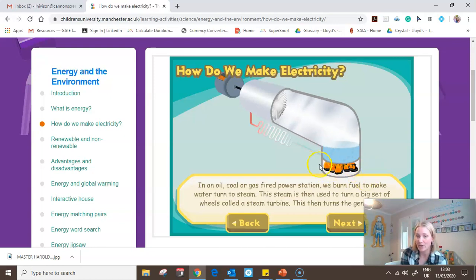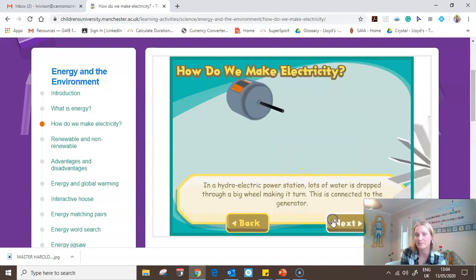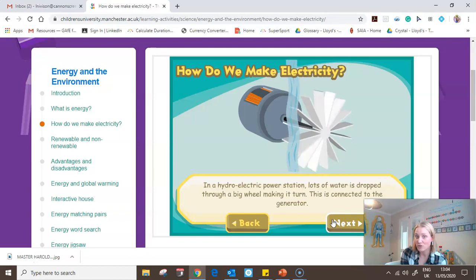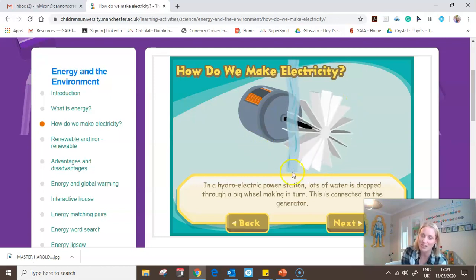We burn the coal or the fuel here, and that in turn warms water, creates steam, and the steam then turns the turbine, which turns the generator to make electricity. With hydroelectric power, there's lots of water which is dropped onto a wheel, which makes a turbine turn, which makes the generator spin.